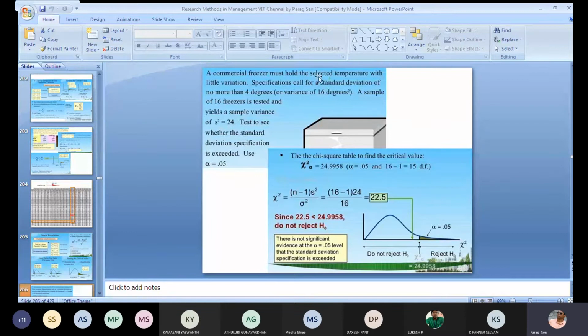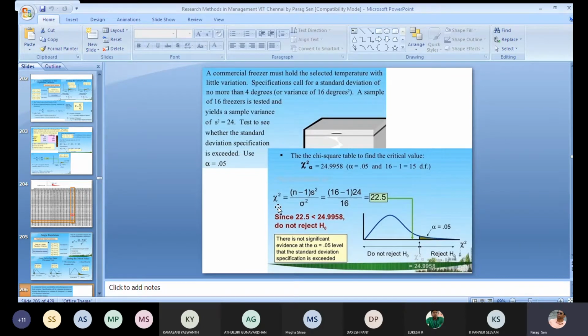So you can clearly understand that at the sample level, 16 is not equal to 24. But whether you can say this at the population level, whether it is changing or not, that you can show. So test to see whether the standard deviation specification is exceeded. Use alpha equal to 0.05.